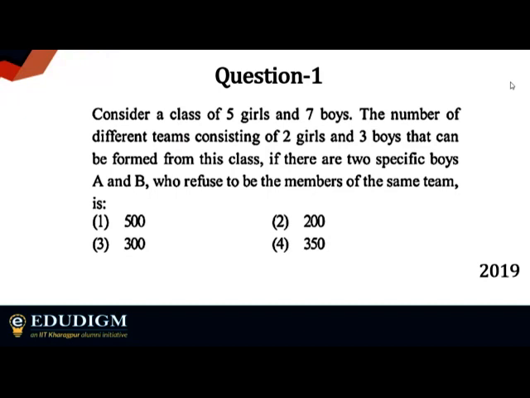So basically, you're making a team consisting of 2 girls and 3 boys, and also take care of the condition that two specific boys A and B won't be in the same team. So please some more answers.